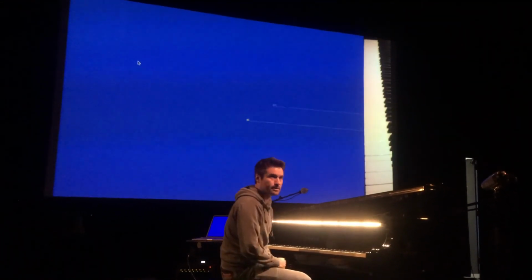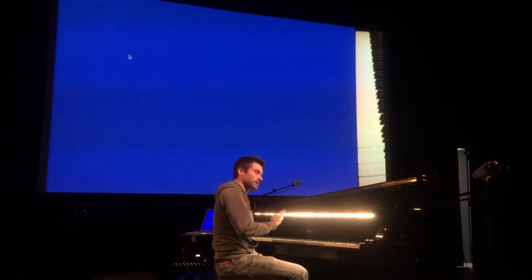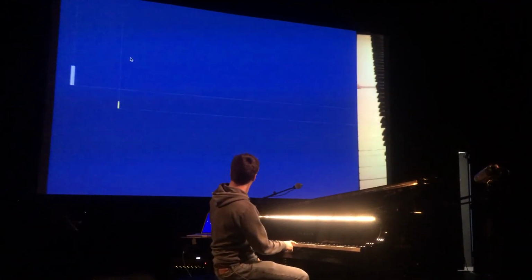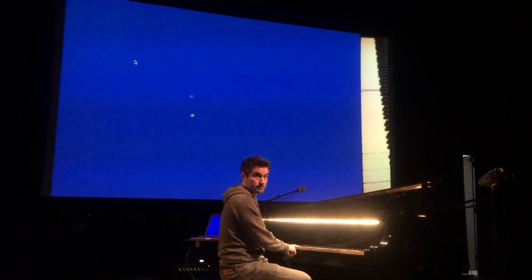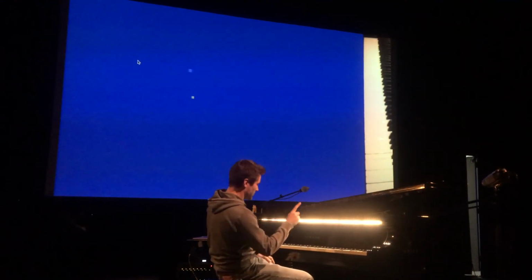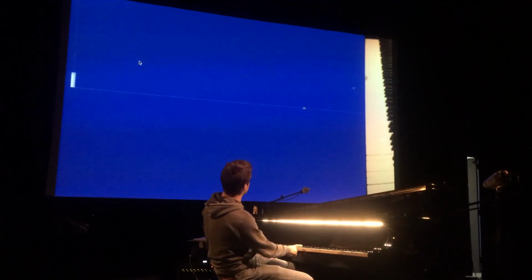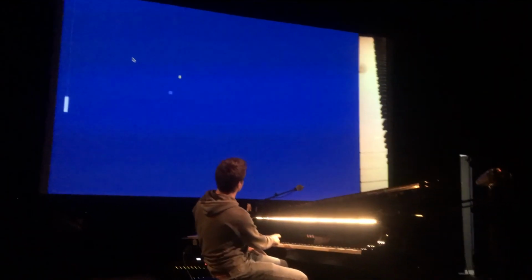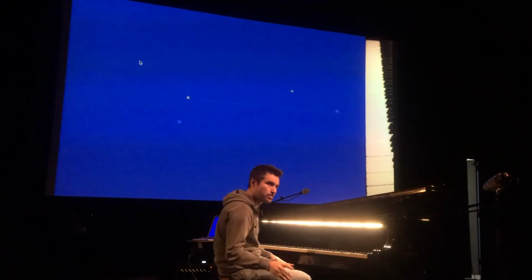Okay, so what I'm playing is in the foreground, and what the computer's playing is in the background. What I'm playing is blue, what the computer's playing is yellow. I can switch the direction. And that's my super simple rule.